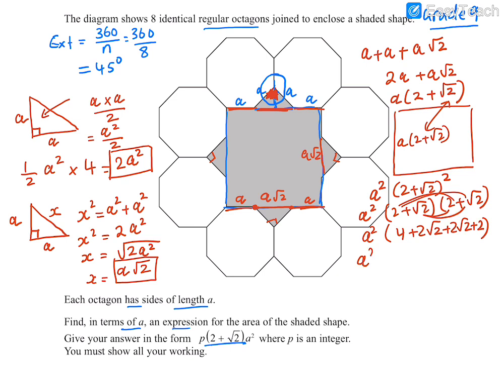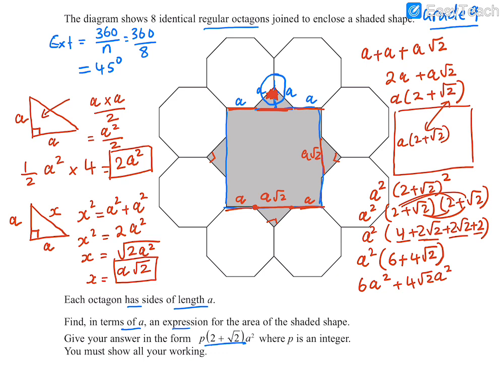So it's going to be 4 plus 2 is 6, and then 2 root 2 plus 2 root 2 is 4 root 2. So that is the area of the square. Now I'm just going to multiply this out, so we get 6A squared plus 4 root 2 A squared.